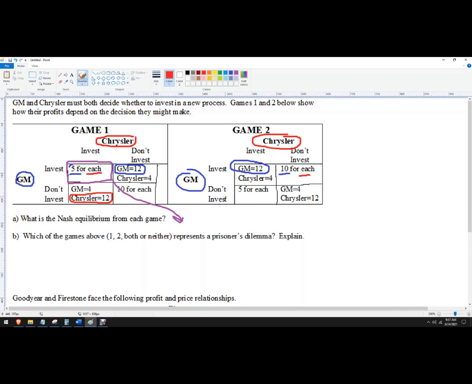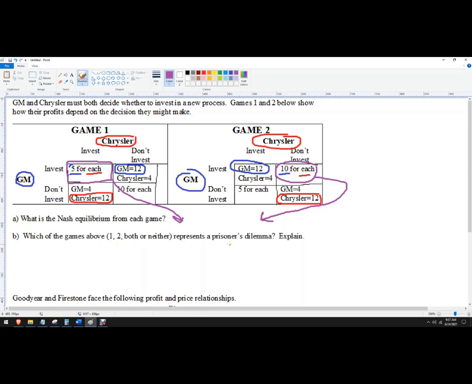And then if GM doesn't invest, it's better for Chrysler not to invest. So the Nash equilibrium is the place where we circle both of these. In this case, this one's a little different. This is going to be written as GM invests, Chrysler does not invest. So that's the answer to that one.